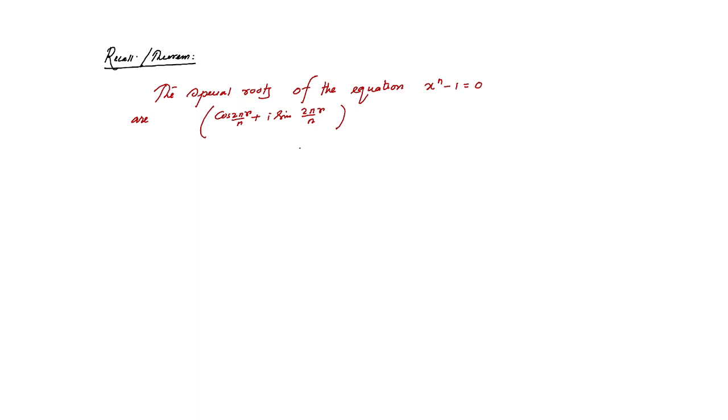What is r? Where r is a positive integer less than n and prime to n. So we'll write the set of special roots in that way.